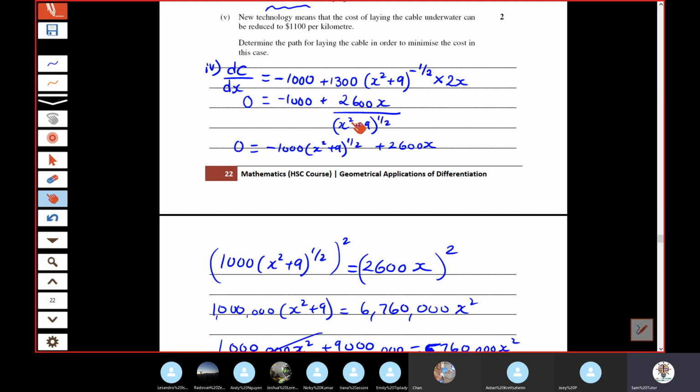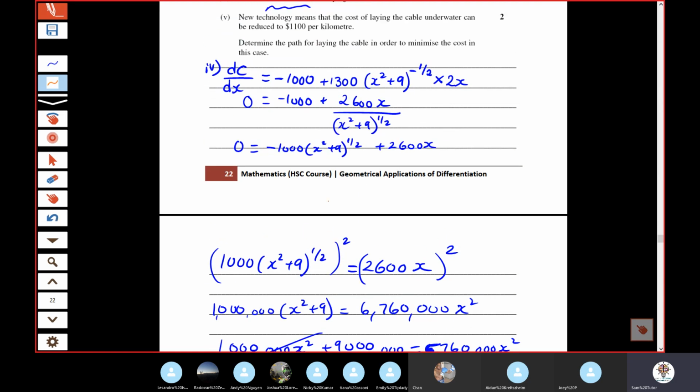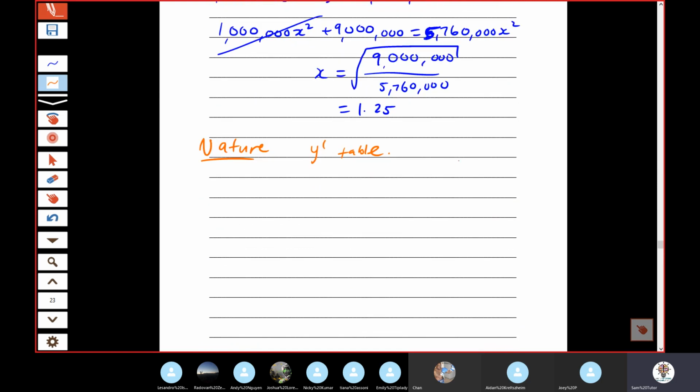So in this case, the y dash table comes into play. Let me just rewrite it: y dash equals negative 1,000 plus 2,600x on square root x squared plus 9.